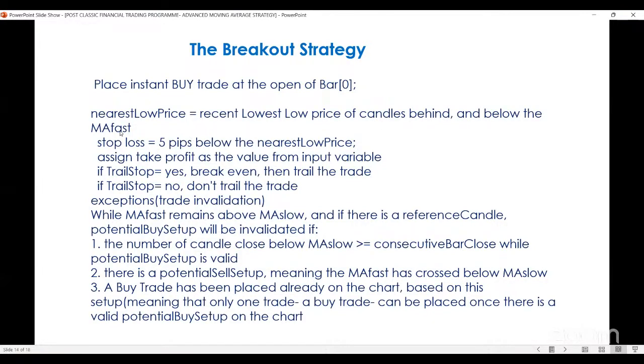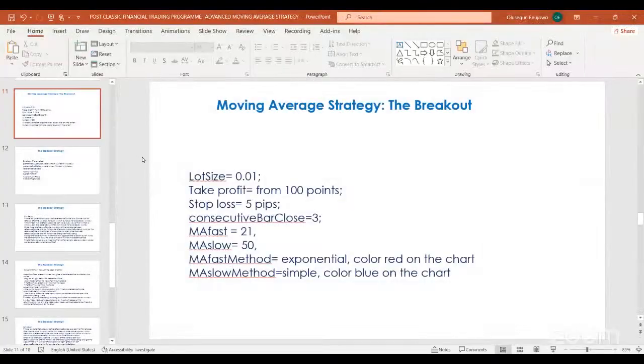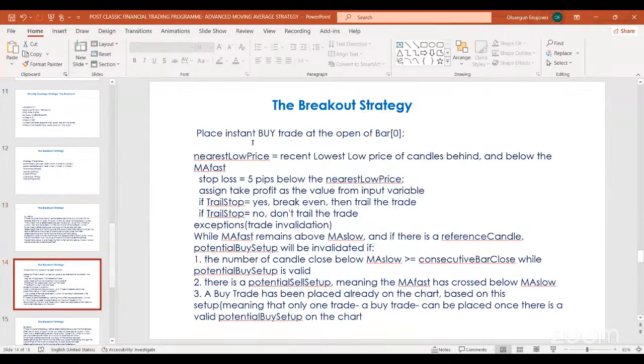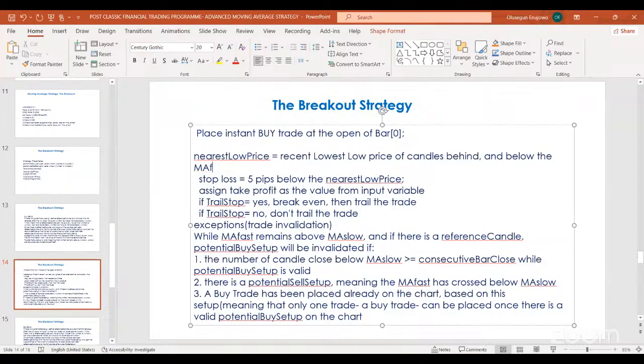Okay, I will just say MA slow. Yeah, I think that's an error. Let me edit it to reflect that. MA slow, it should be slow, not fast, right? So I'm going to just save, and then we can continue our conversation.